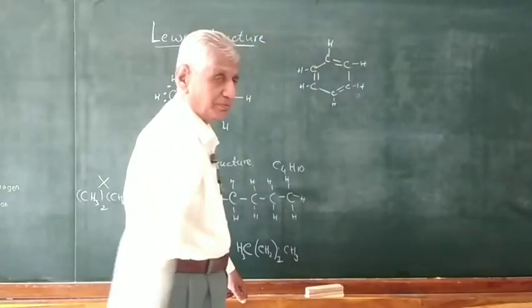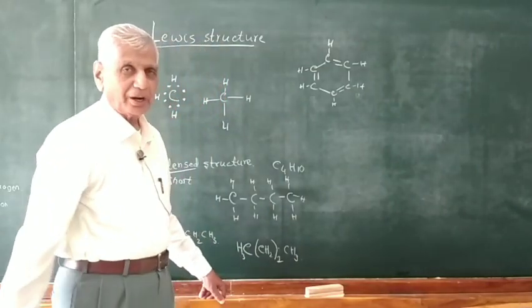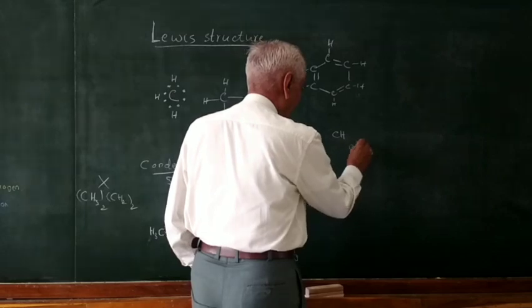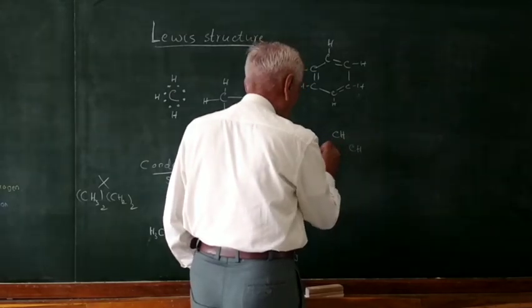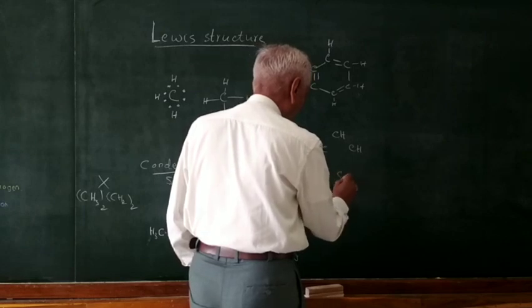Omitting the bonds, how can you write the structure there? CH, CH, CH, CH, CH.